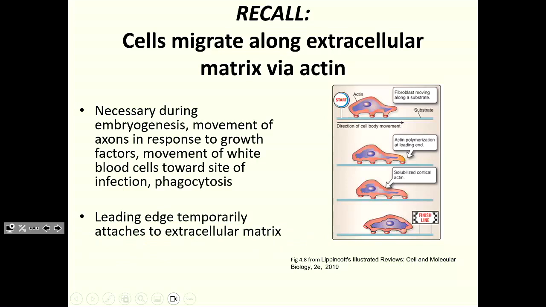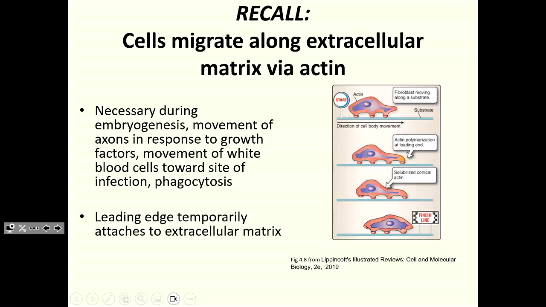The point above is not something to memorize, but again, it's tying things together. It's necessary during embryogenesis, which you'll do a little bit with Dr. Thung. Movement of axons, nerve cells, in response to growth factors. It's easiest to explain that example with babies: everything is formed fresh, new nerves are growing, figuring out what they want to do when they grow up.